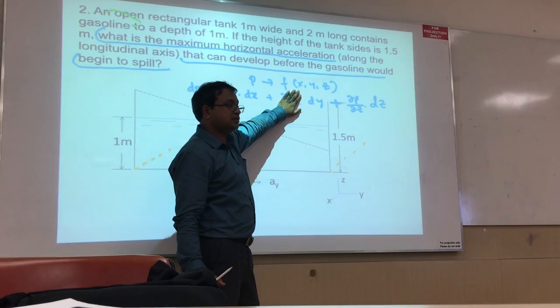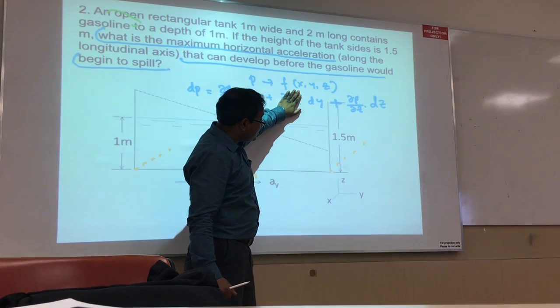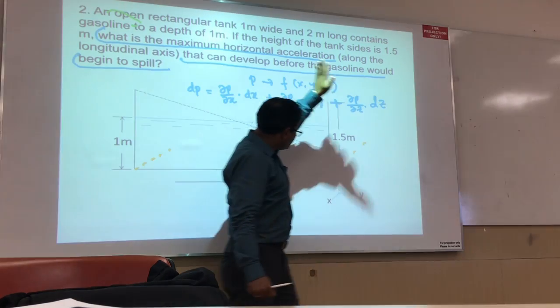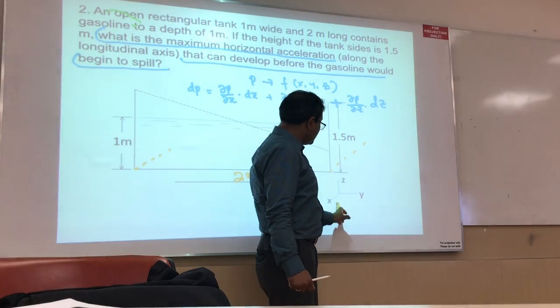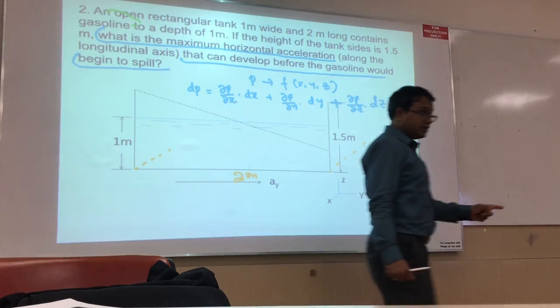Similarly, this term changes only in the Y direction, but X and Z are fixed, constant. Similarly, dP by dz changes along the Z direction, but X and Y are constant. This is the understanding, okay?